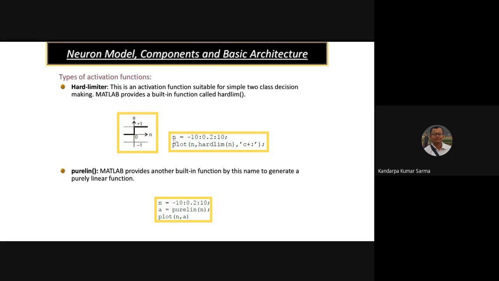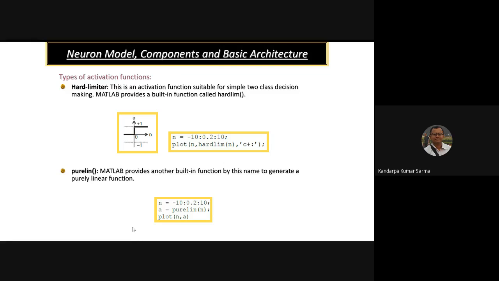If we take a vector n from -10 with gaps up to +10, we can generate a hard limiter activation function by writing like this. So this will create a hard limiter function, and that will be something like this.